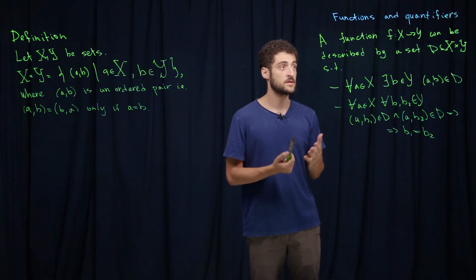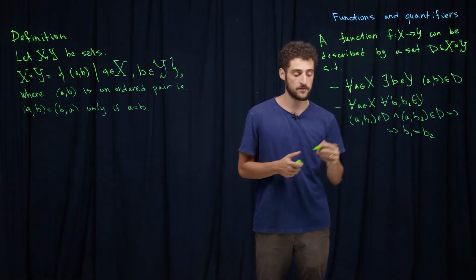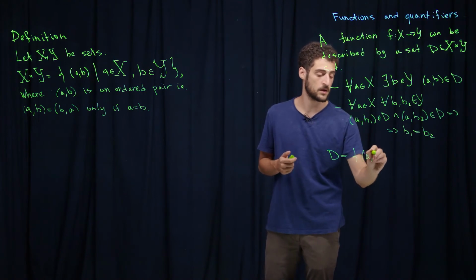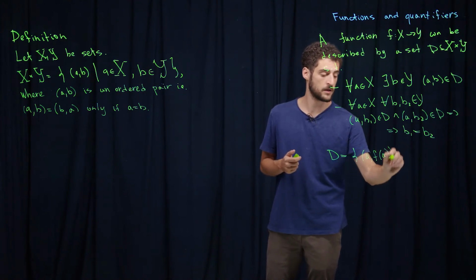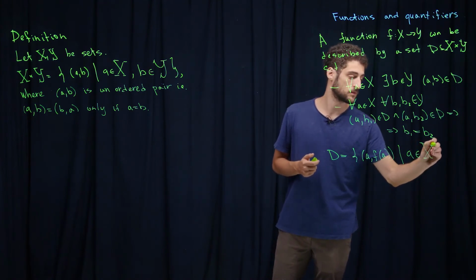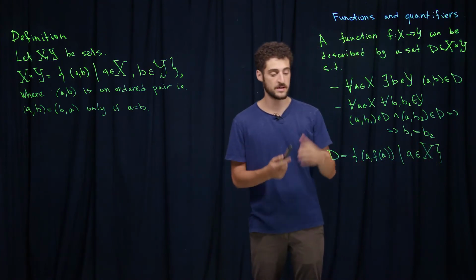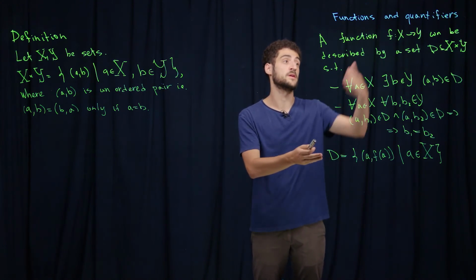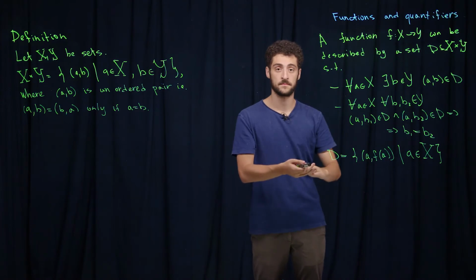We can also write this set, if you know the values of f, like this. So D is equal to the set of a, comma f of a, where a belongs to x. We call such a set a graph of a function. And it's obvious that if you know the graph, we can define a function, and vice versa.